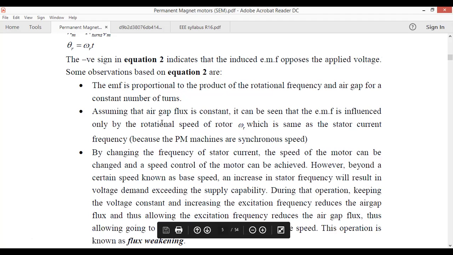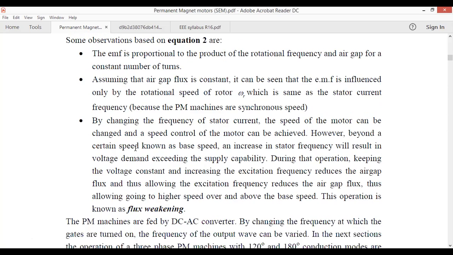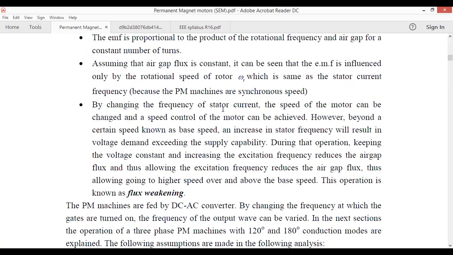Next, assuming that the air gap flux is constant, it can be seen that EMF is influenced only by the rotational speed of the rotor omega r, in terms of electrical value, which is the same as the stator current frequency. Suppose we give an AC supply to the stator winding, and the permanent magnet has the DC. By changing the frequency of the stator current, the speed of the motor can be changed and speed control of the motor can be achieved.